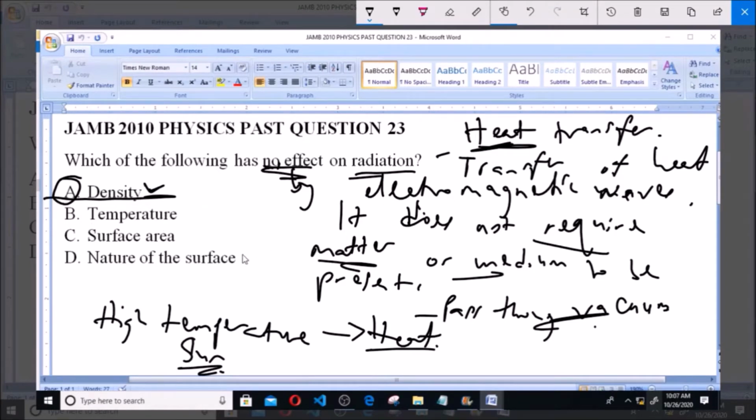So temperature is not the answer because it has effects. Now surface area and nature of surface go one-on-one, as a hotter surface will be more likely to transfer via radiation, and a larger surface also will be much more likely to transfer heat via radiation. So as you have rightly established, option A, which is density, is the answer to this question.